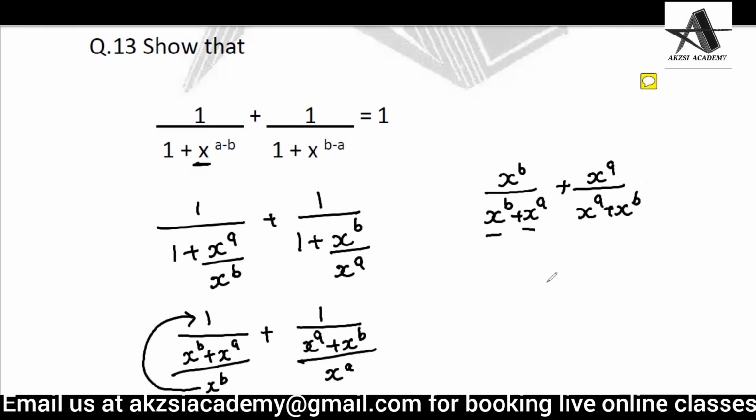Clearly you can see the denominator is exactly the same. So add the expressions in the numerator: x to the power of a plus x to the power of b in the denominator, and in the numerator it's also x to the power of b plus x to the power of a. This can be written as 1 because they both are the same. So on simplifying, we'll get 1. So we have shown that left hand side equals right hand side.